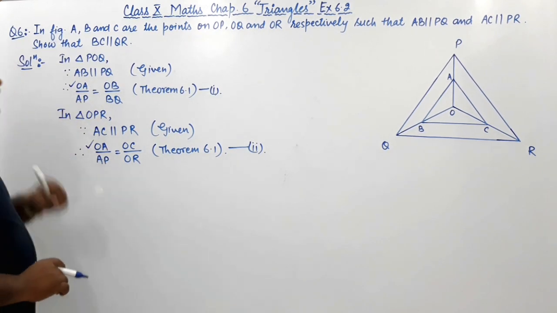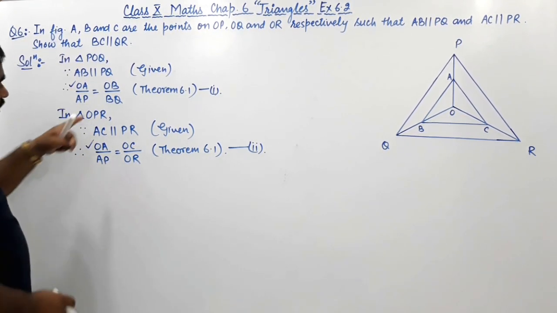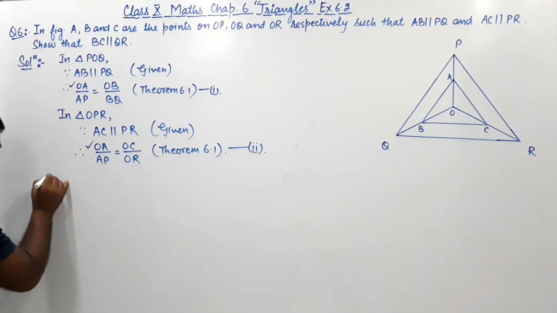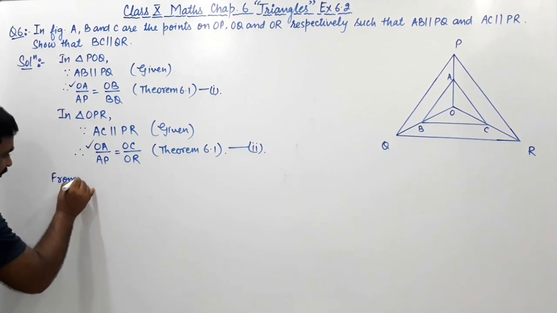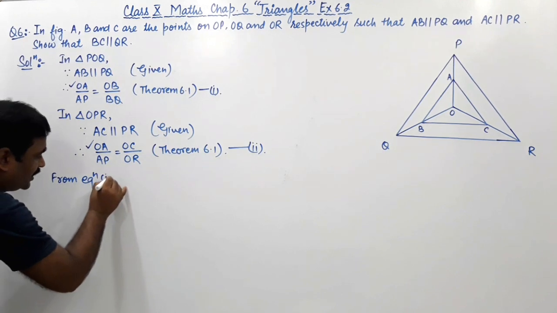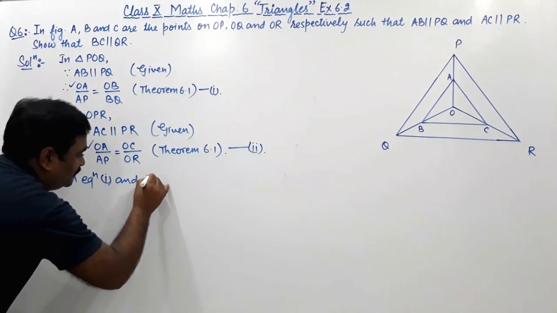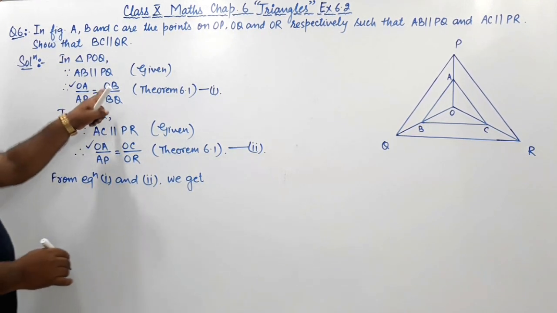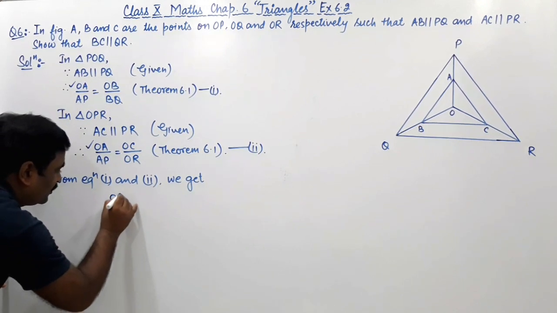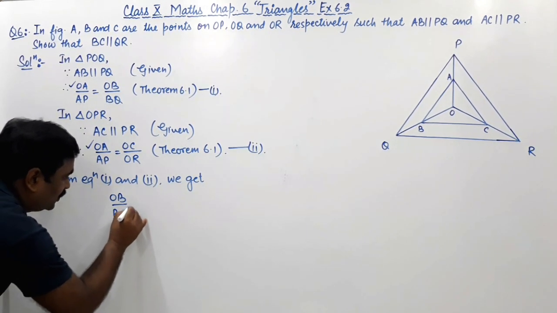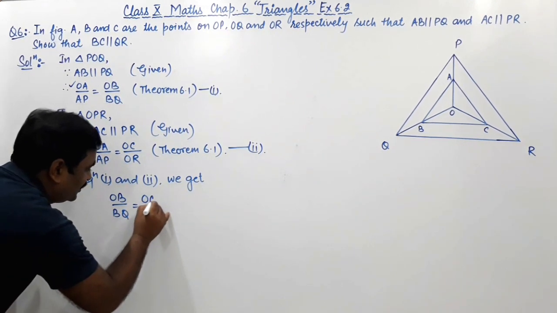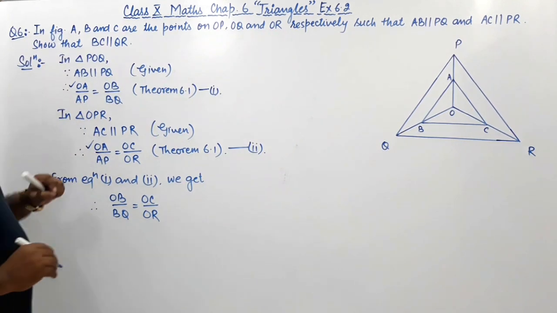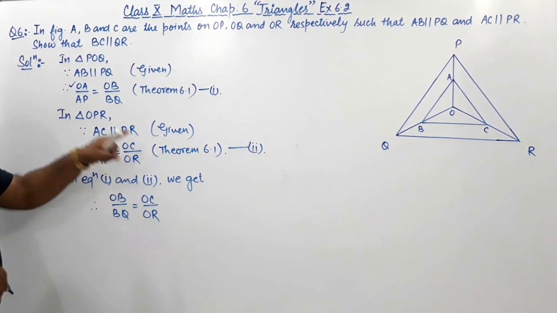So from equations 1 and 2, as the left side is equal, the right side of both the equations must be equal. We get OB upon BQ equals OC upon OR.